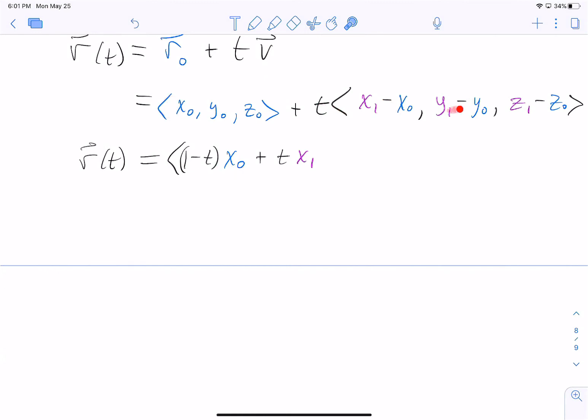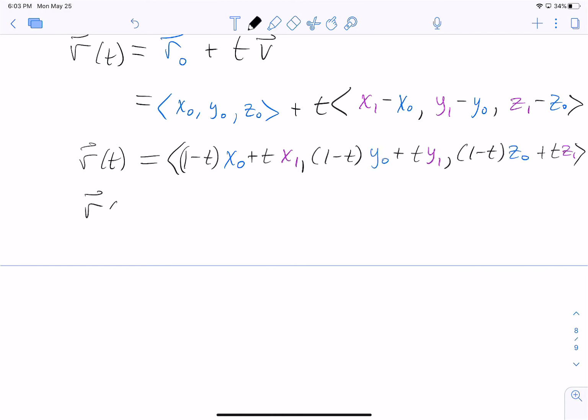And then if we keep distributing here, we end up with plus t x1. Likewise for y and z. And this we can factor and split into two separate vectors. We end up with 1 minus t times the vector x0, y0, z0 plus t times the vector x1, y1, z1.